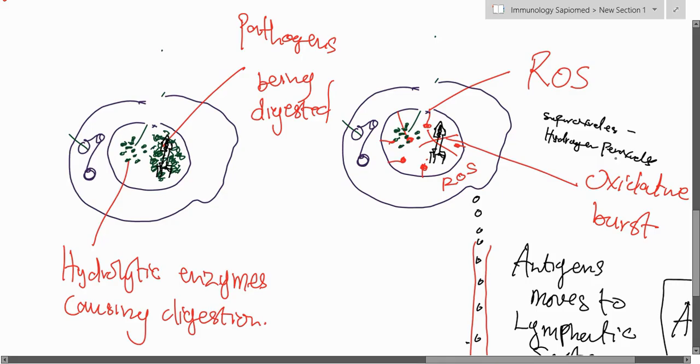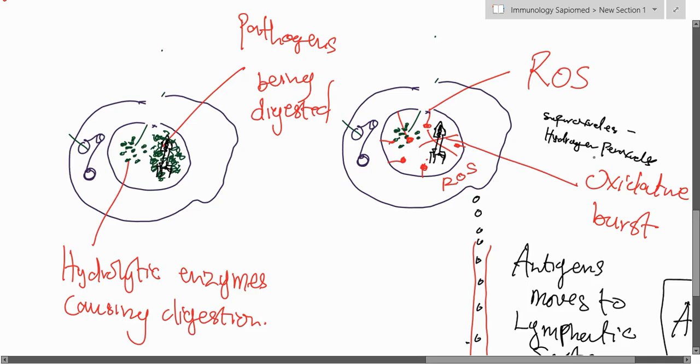These oxidative species attack the pathogen through what we call oxidative burst. So oxidative burst will destroy or eliminate the pathogen. So these are the two ways the pathogens are destroyed after phagolysosome fusion.